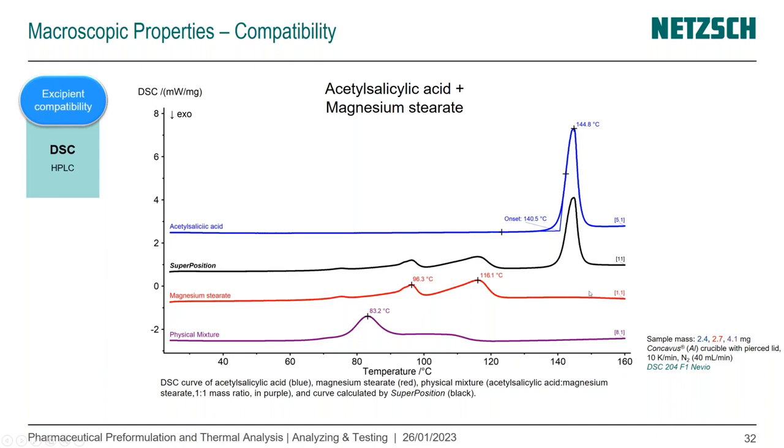So you see here in black that if there was no interaction, we would get the peak from the acetylsalicylic acid and these 2 or 3 peaks from magnesium stearate. And we see here that we cannot use both of these materials together.